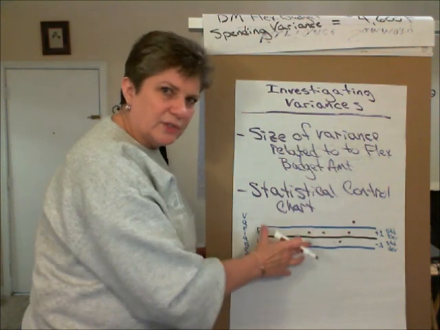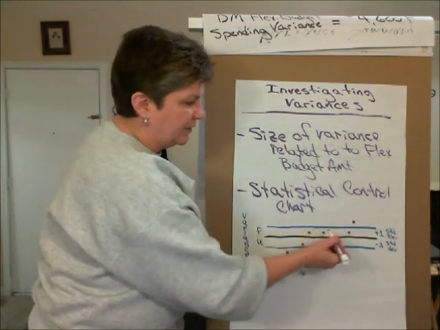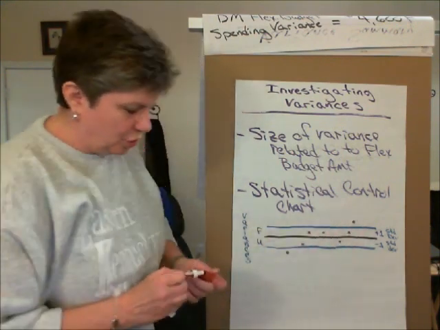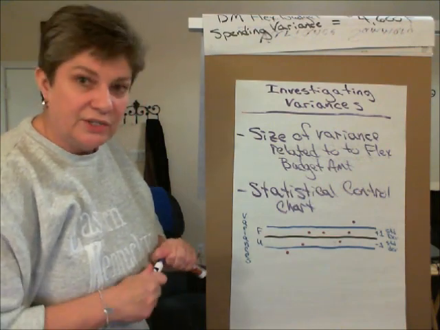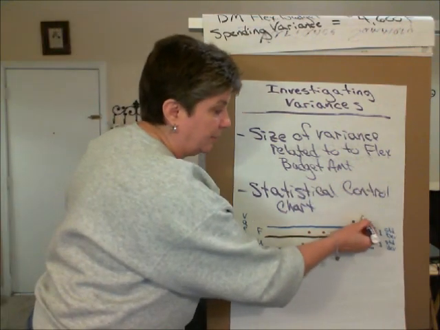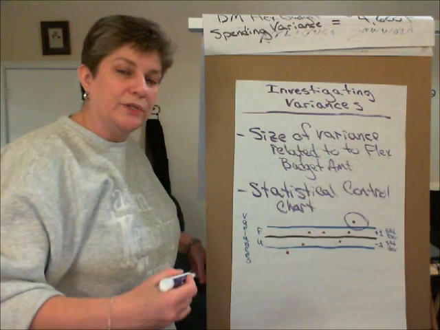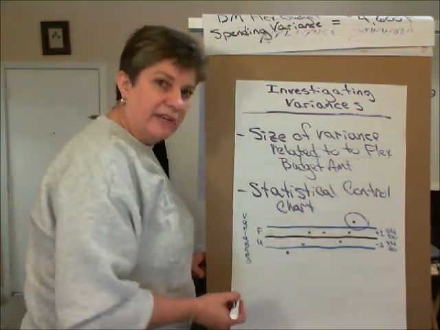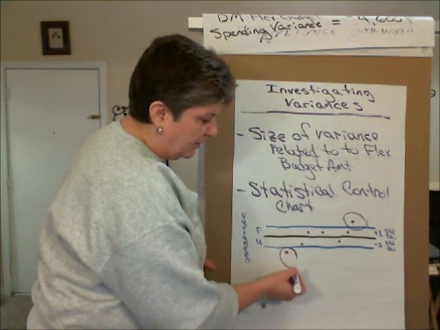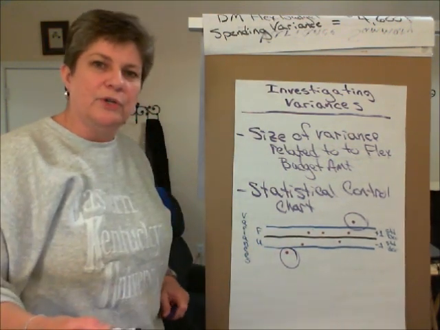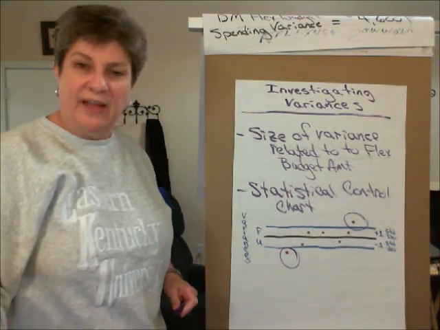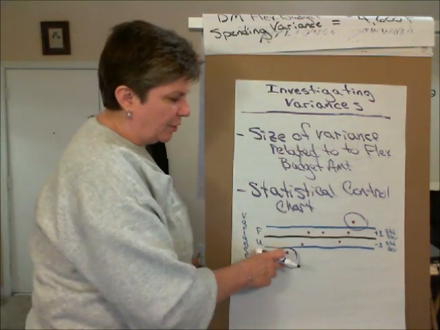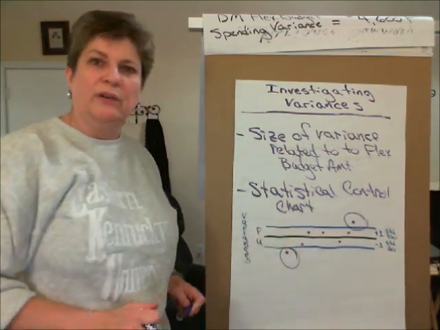So these aren't necessarily our variances, but looking at this chart, the ones that we would investigate from this set of data, that one is 1 standard deviation above standard cost, so we'd investigate it. This one is more than 1 standard deviation below, an unfavorable variance. So those are the ones that we would investigate.